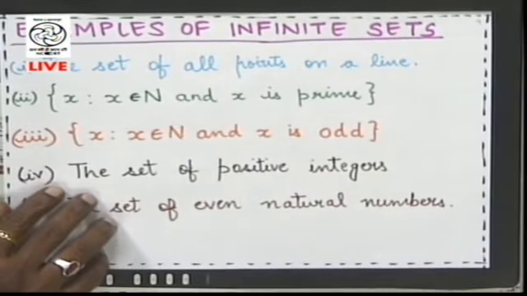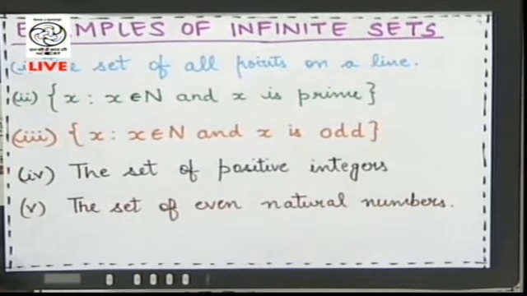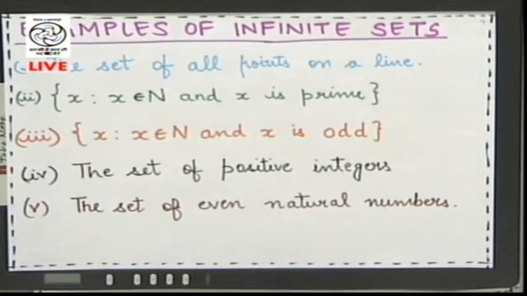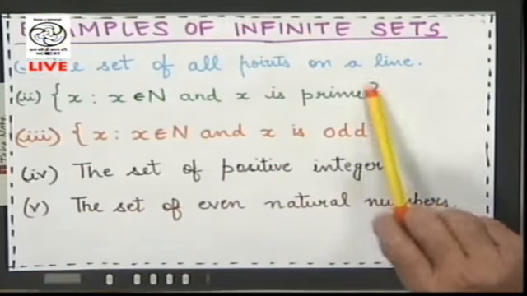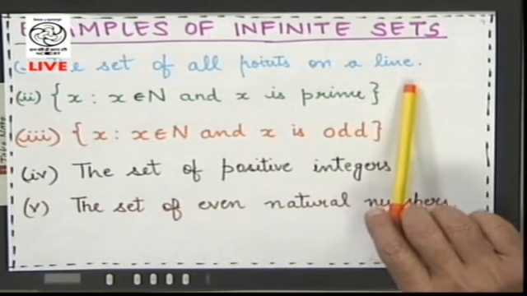Now these are some of the cases of infinite sets, because through the finite case we understood that there are a limited number of elements. In case of an infinite set, there will be enough numbers, because whatever we think, after that we will get one more number. If n is the last case, then there will be n plus 1, n plus 2, n plus 3. The example is the set of all points on a line, because there are infinite number of points.